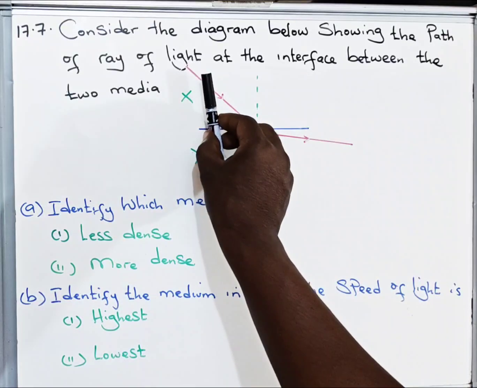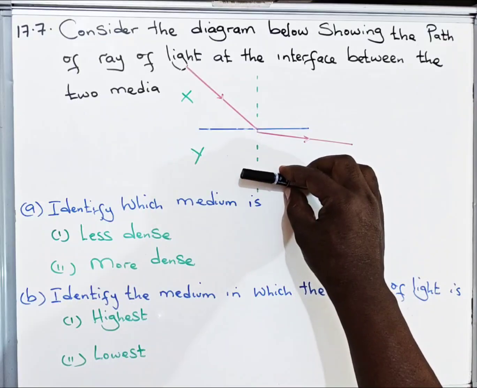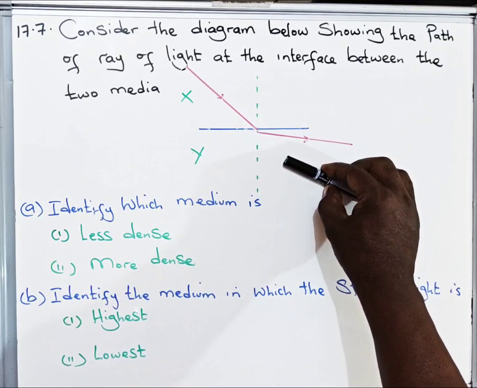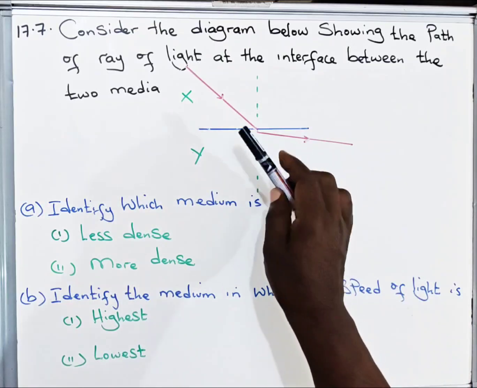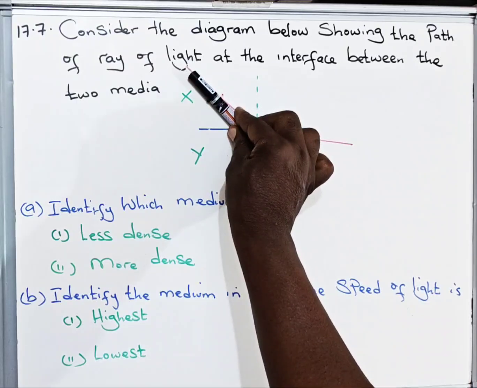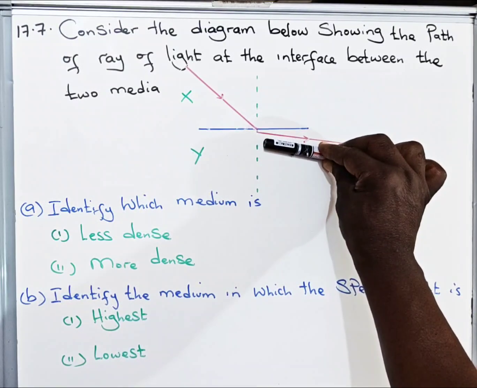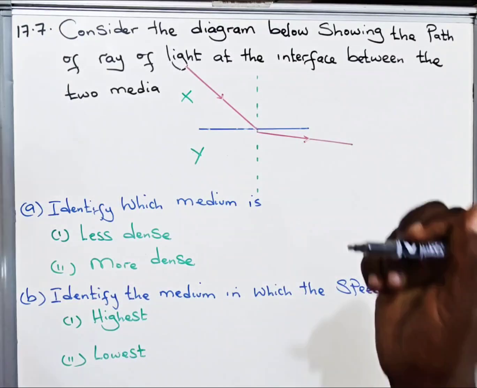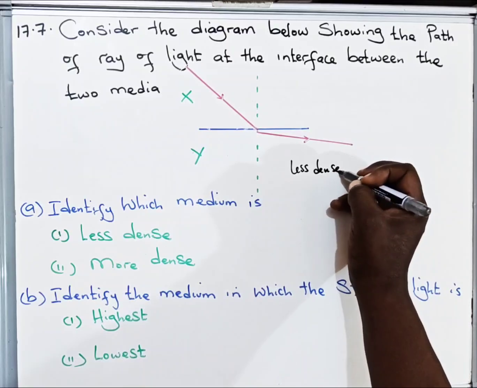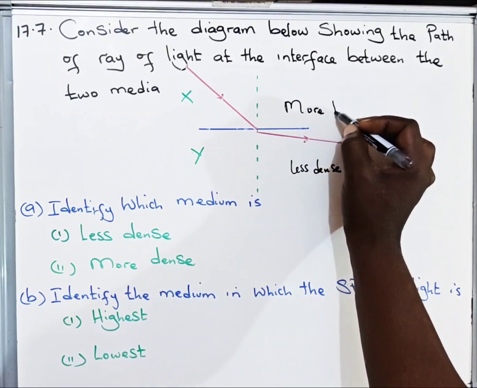And when light is coming from a more dense medium to a less dense medium, the refracted ray bends away from the normal. So how is the behavior of this light? It entered here, and this is the normal, but this one bent away from the normal. What does that mean? It means that the second medium is less dense, and the first medium is more dense.